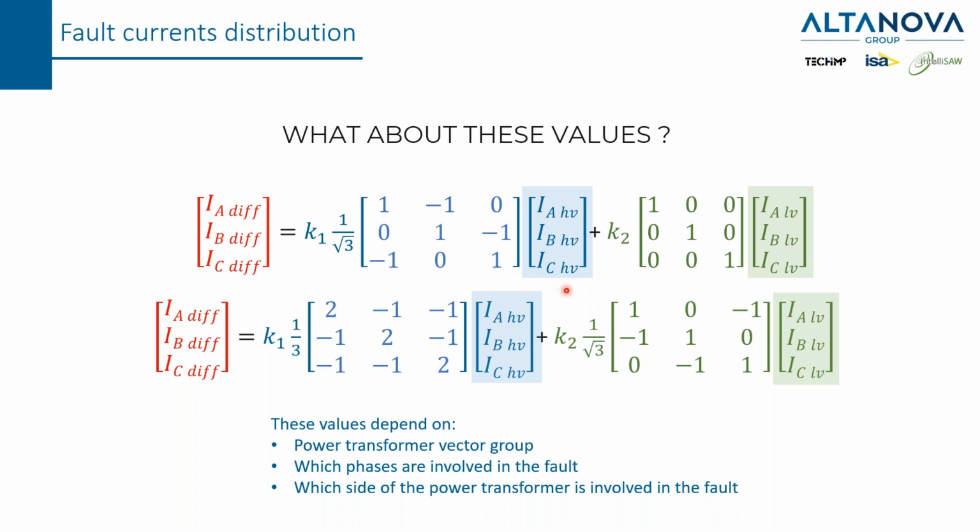But these are the real currents, and the real currents depend on the power transformer vector group, which phases are involved in the fault, and also which side of the power transformer is involved in the fault. Because it's not the same if the fault is on a Y side rather than a delta side.